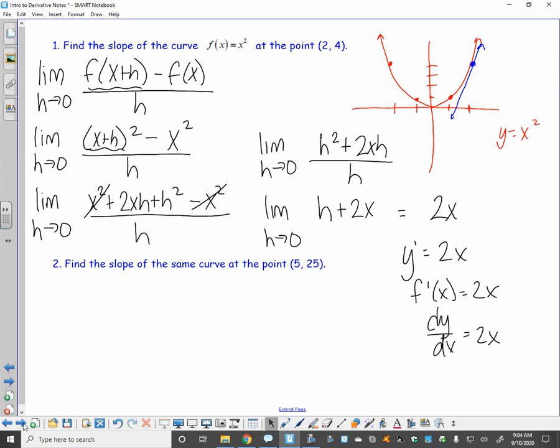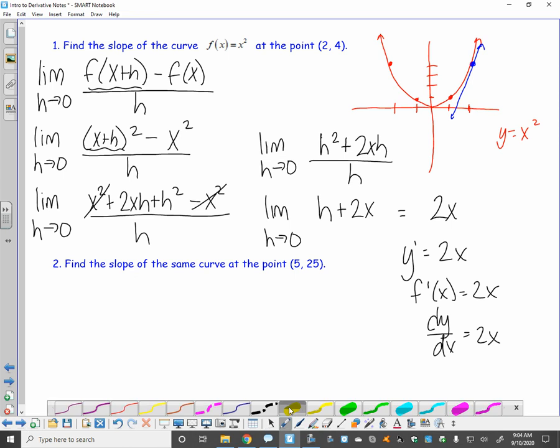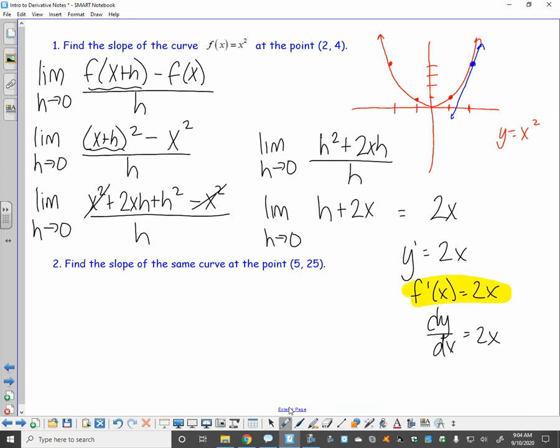So what you have just found is the derivative of y equals x squared. Okay, now let me be crystal clear.